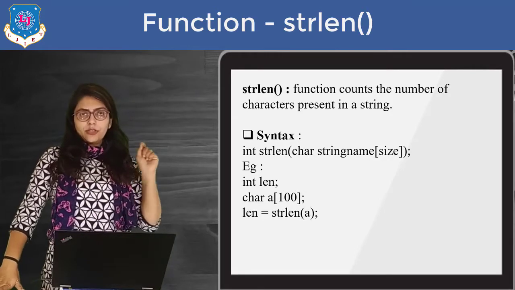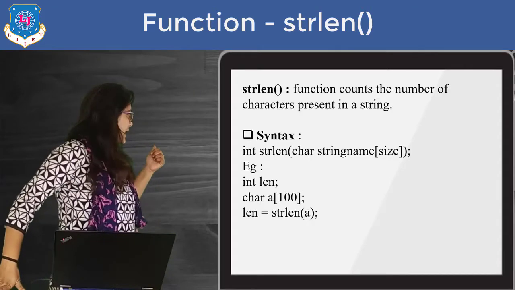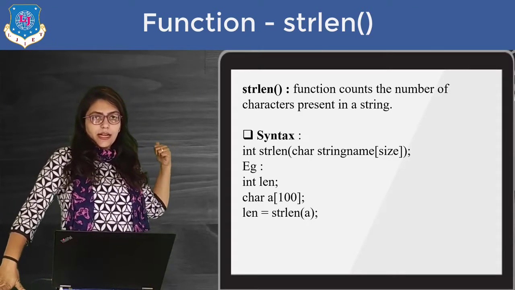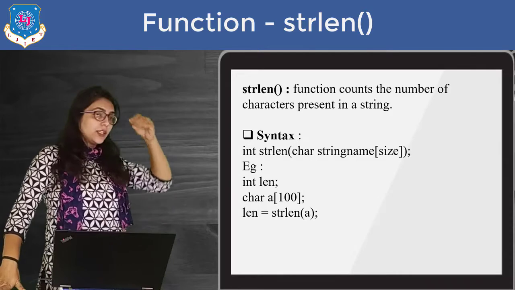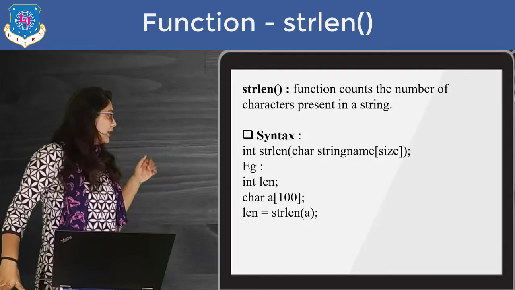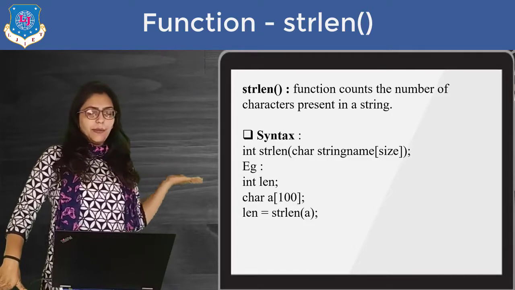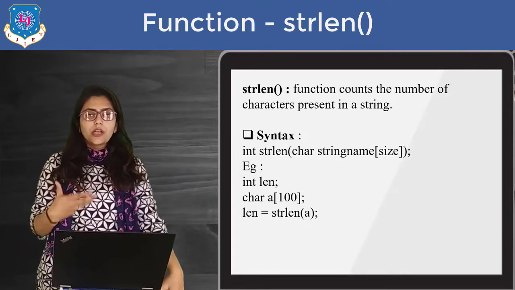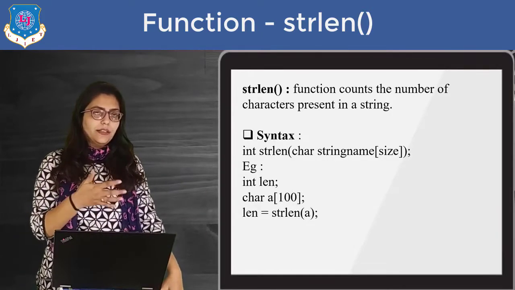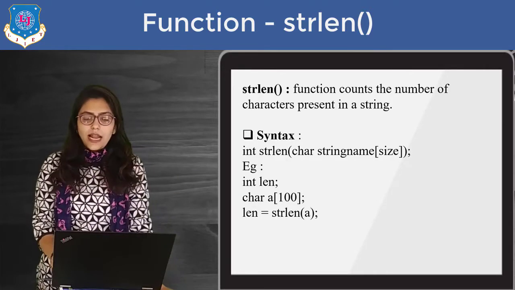Then you are going to use the string length function over the character array. Here I have declared it as a. So here the size of a is 100, but the length is what we are going to find. The last statement uses the strlen function to find the length and store it inside the length variable.